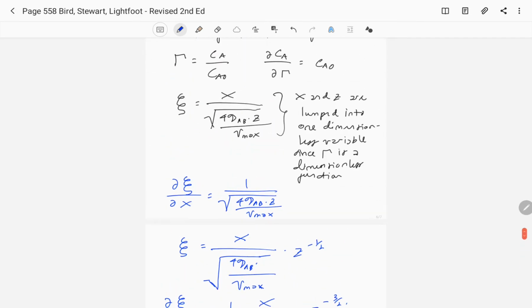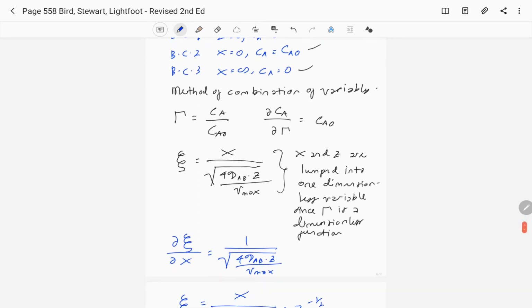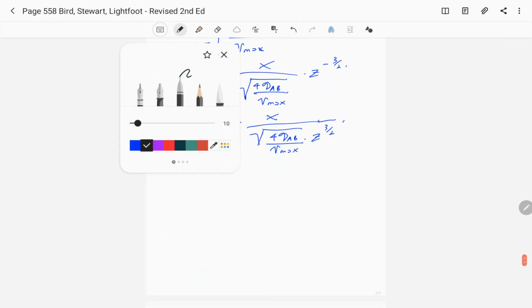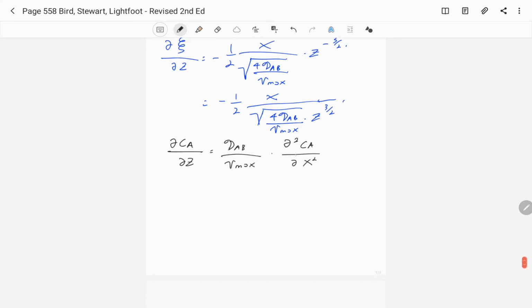Then now we go back into these equations again. Okay, I use a different color to indicate we are doing a different equation, and we use the chain rule.